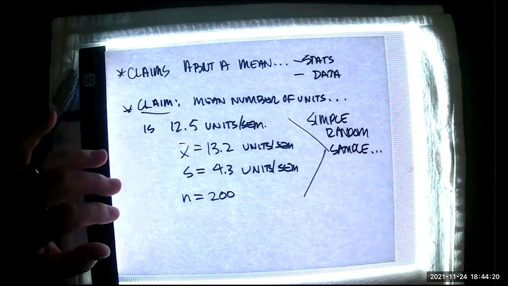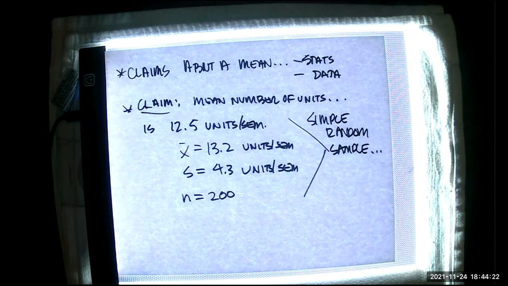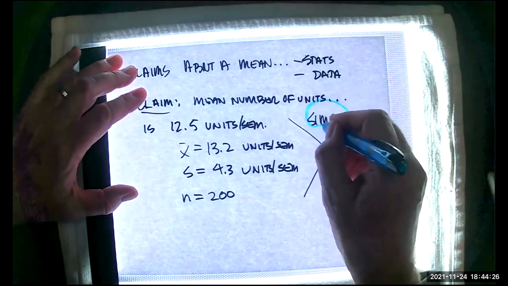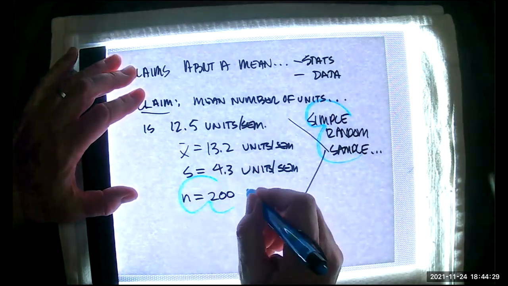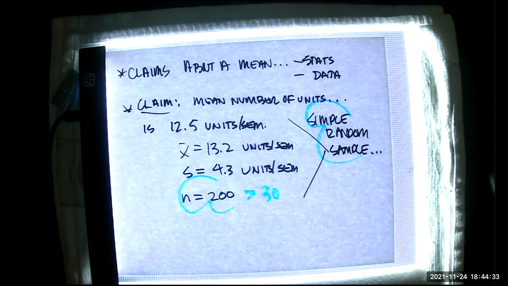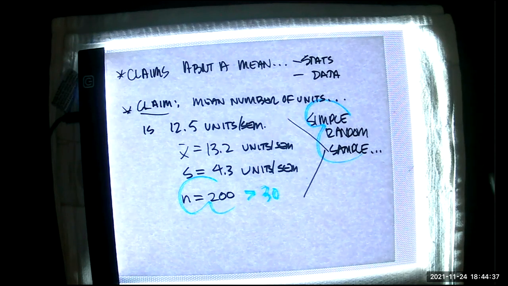And because it is a simple random sample, and because we have n greater than 30 as required, the requirements for a claim are met, and I can go ahead and start to crunch the numbers.